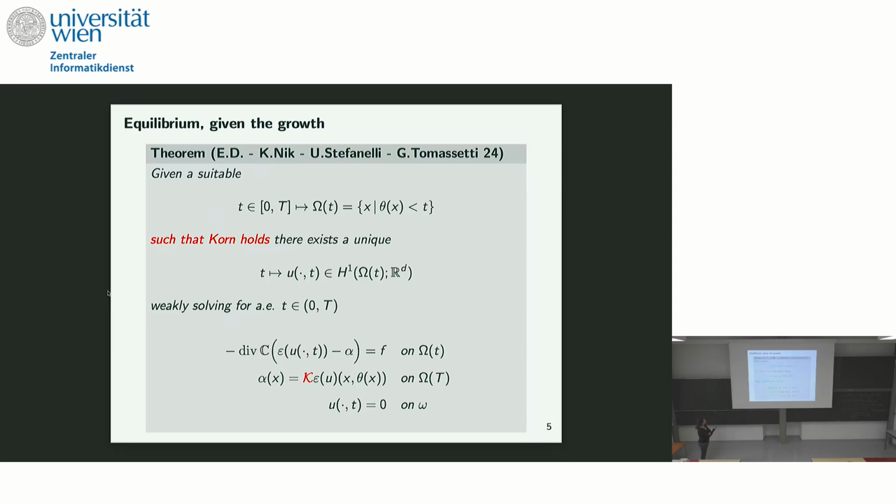But what we could prove with my co-authors was the following: assuming you already know how your set grows, and assuming that this growth is such that the Korn inequality holds, and I will specify what this means later on, then you can find a unique elastic displacement, which is H1 at each time t on your actual configuration, and that solves the elastic equilibrium system.